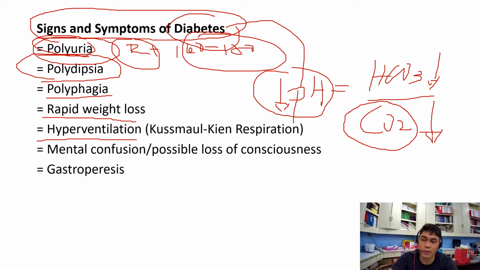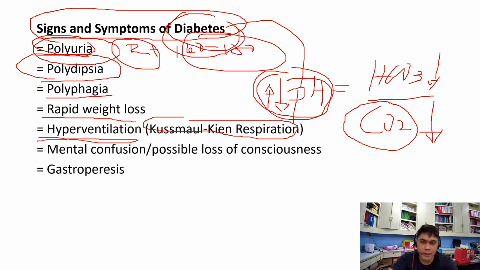It's via hyperventilation. So with decreased CO2, we have an increase in pH, so you'll have a normal blood pH. That's the explanation of hyperventilation in diabetes mellitus, or Kussmaul respiration.